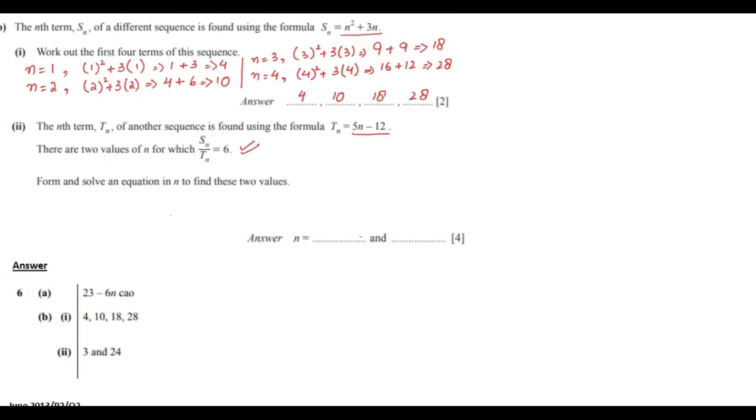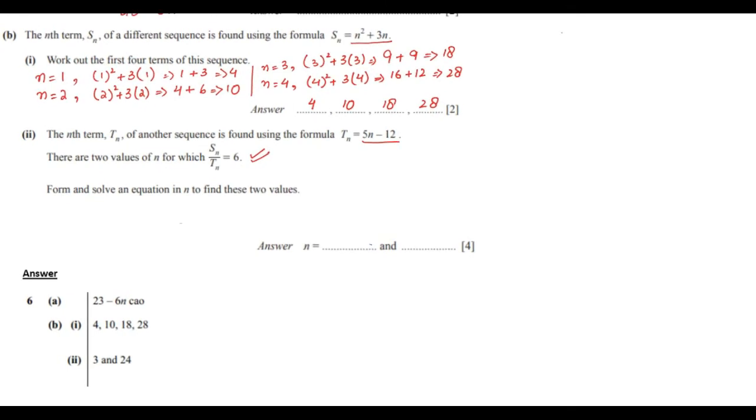So if we substitute the values of Sn and Tn, as we know that Sn upon Tn is equal to 6, Sn is equal to n square plus 3n, as given here, and Tn is equal to 5n minus 12, so it's (n square plus 3n) upon (5n minus 12) is equal to 6. Now we will cross multiply.